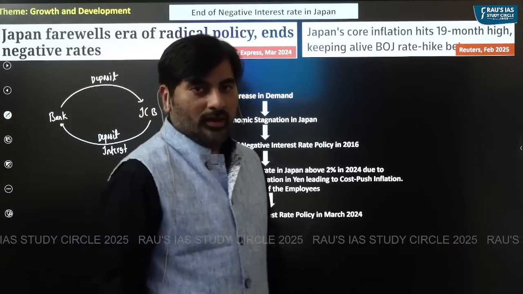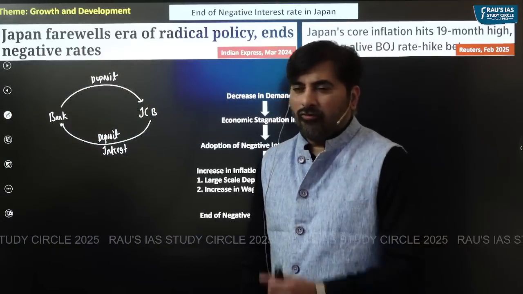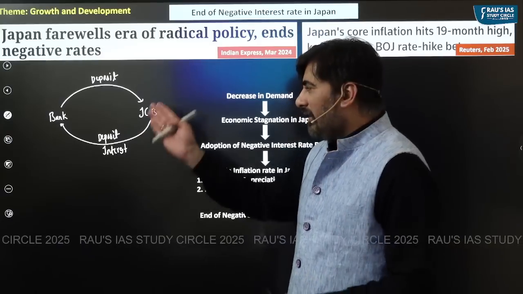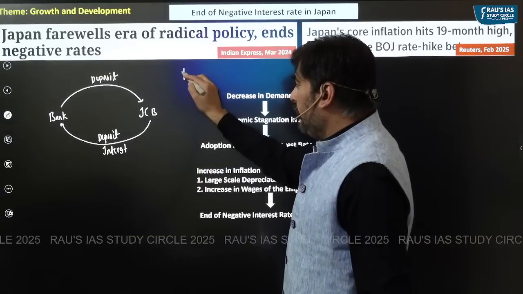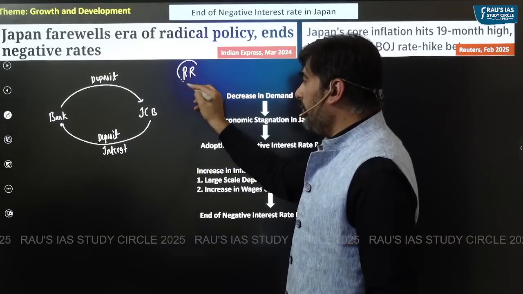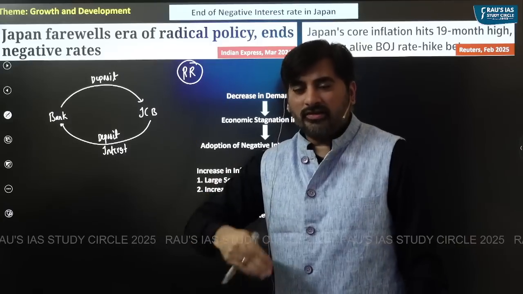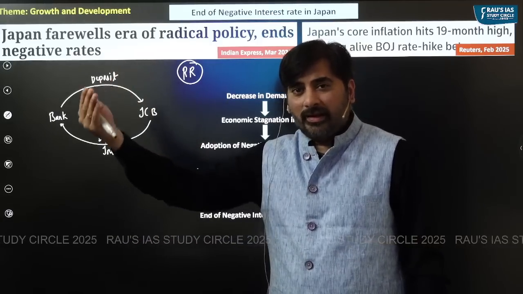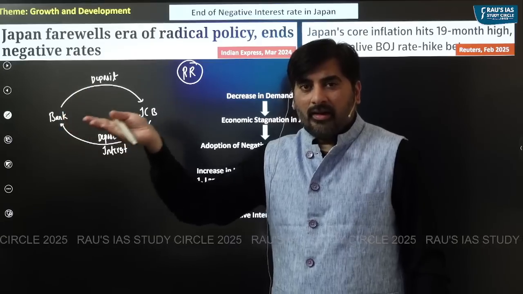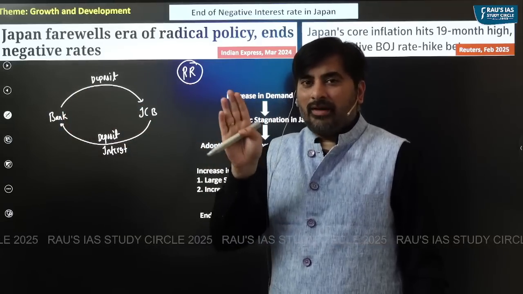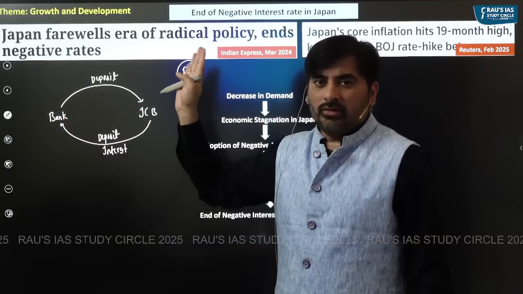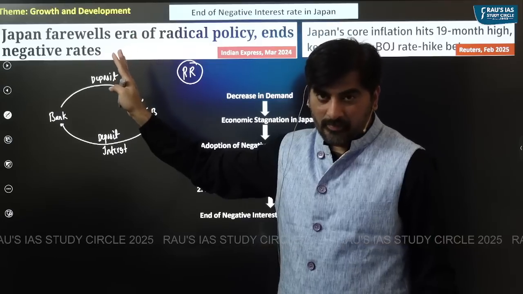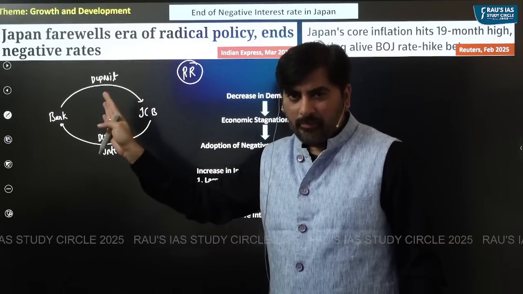That is how it actually works. For example, in India, we have a similar tool, which is reverse repo. Reverse repo is a tool through which commercial banks keep surplus deposits with RBI, and on those deposits, RBI will pay an interest which is equal to the reverse repo rate.